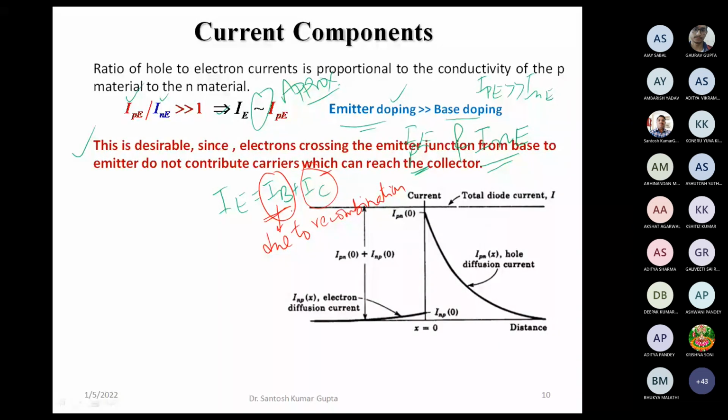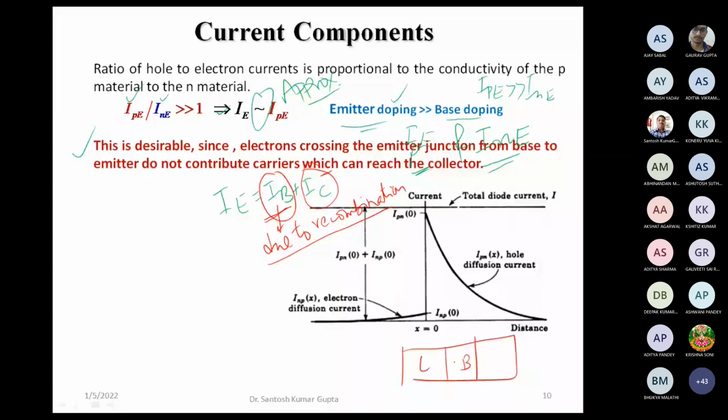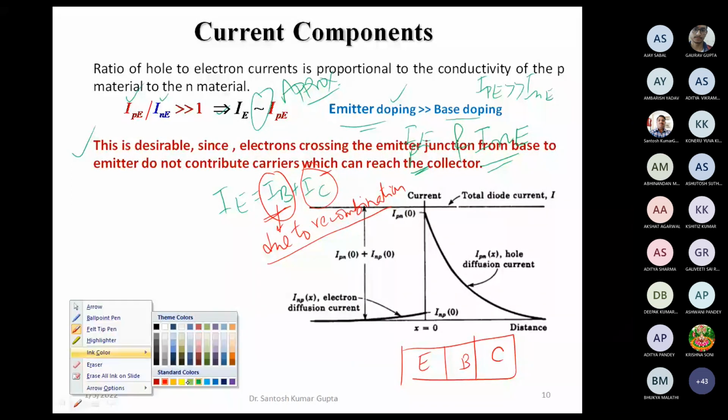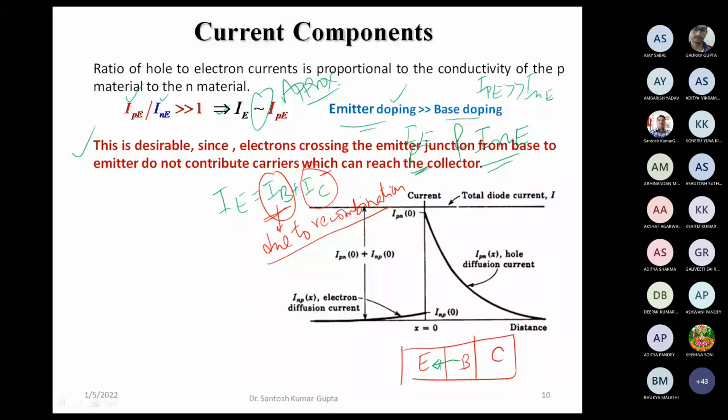Actually, the base current is not only due to recombination, but also due to the action just discussed here: some carriers are being injected from the base into the emitter, so some carriers have to be supplied from the base terminal.